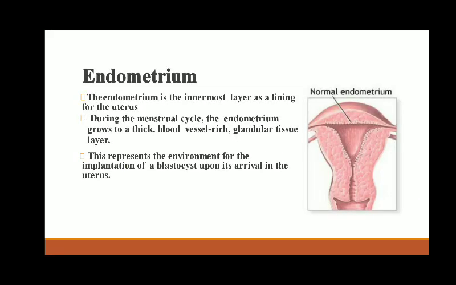Next one, we will discuss what is endometrium. The endometrium is the innermost layer, a lining for the uterus. During the menstrual cycle, the endometrium grows to a thick, blood vessel-rich glandular tissue layer. Generally, this represents the environment for the implantation of a blastocyst upon its arrival in the uterus.